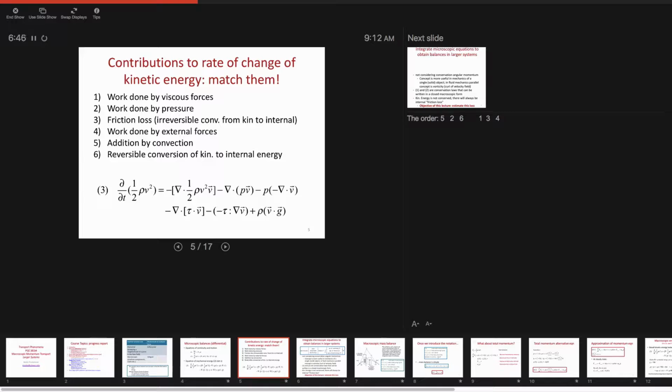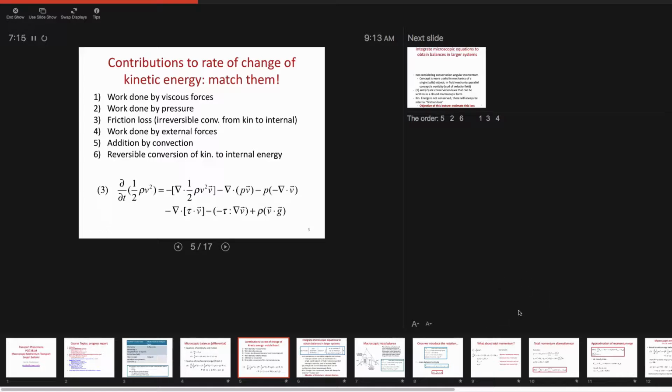So this is addition by convection. We have work done by external forces, that is easy to recognize. And then I have two terms that are left. One is work done by pressure, okay? And then another is the reversible conversion of kinetic to internal energy.